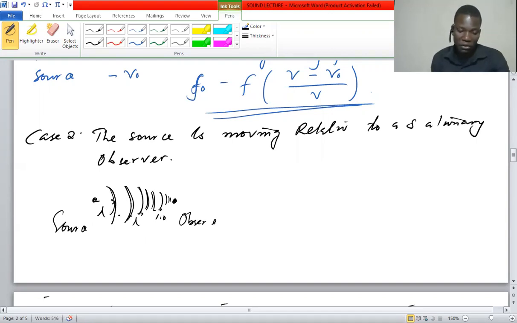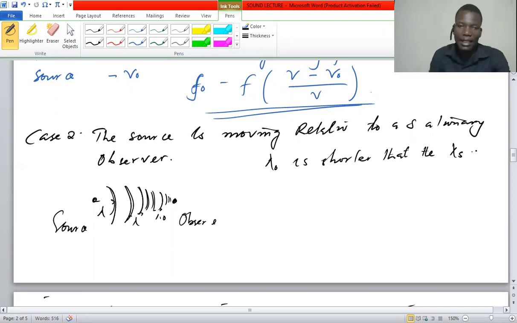We have the wavefront of the observer and the wavefront of the source. And what you're going to see is that the wavefront of the observer is shorter than the wavefront of the source.